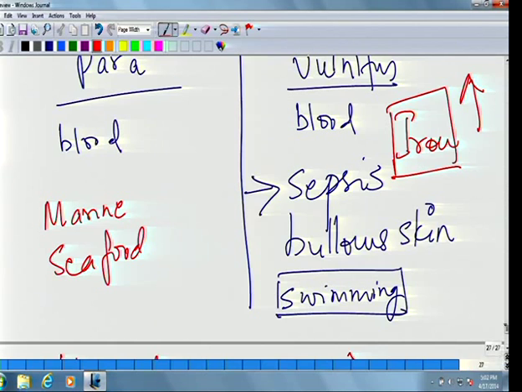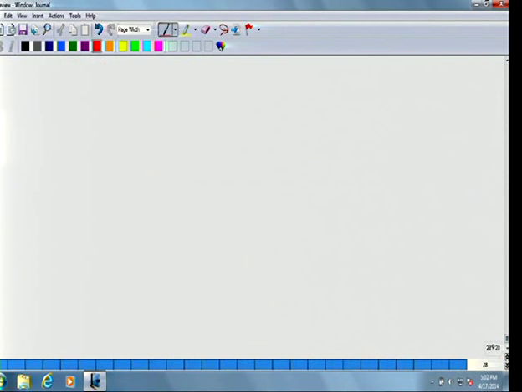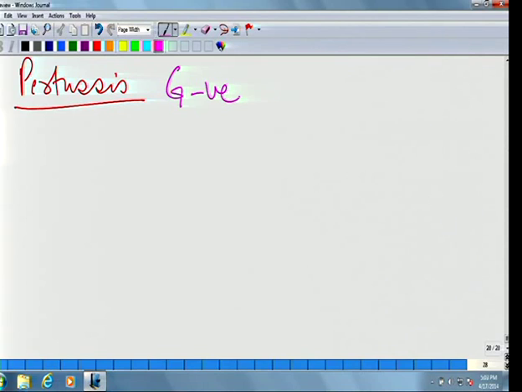Then next, we have to look at Bordetella pertussis. What is pertussis? It is a gram-negative coccobacillus. Then, what are the virulence factors? What does pertussis cause? Whooping, yes.